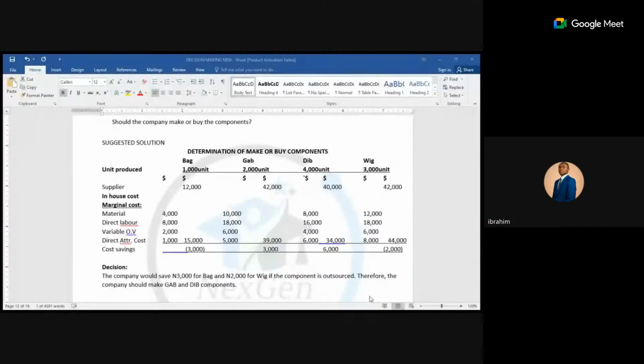It is better for them to make it in-house, because that will save them some level of risk. If you have the same amount, it is better to do it in-house than to outsource it.